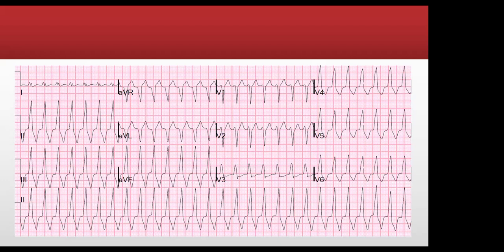Usually, I think we have up to 7 criteria that you look at to be able to differentiate it. And remember the concordance: negative in V1, V2, but positive in V4, 5, and 6. So you have those 7 criteria to look at, including capture beat, including fusion beat.